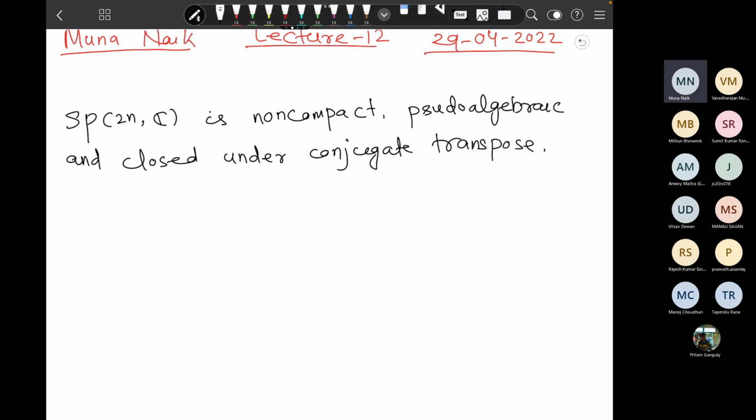Okay, so today we will see that Sp(2n, C) is connected.